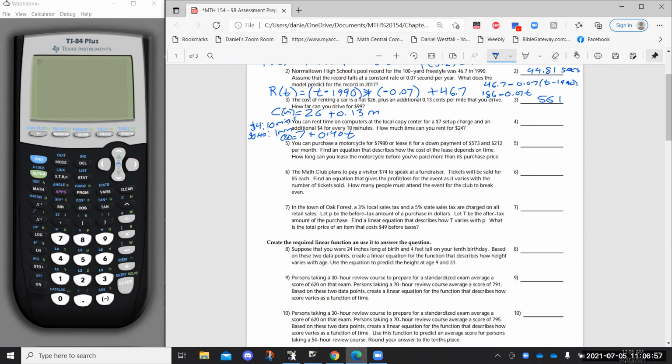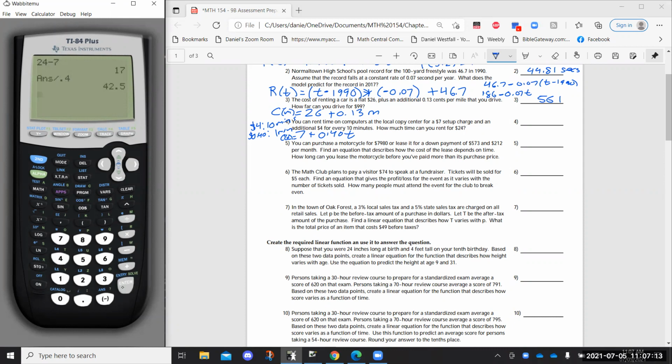How much time can you rent for $24? Well, 24 minus 7 is going to be 17. I'm going to divide that by my 40 cents a minute.